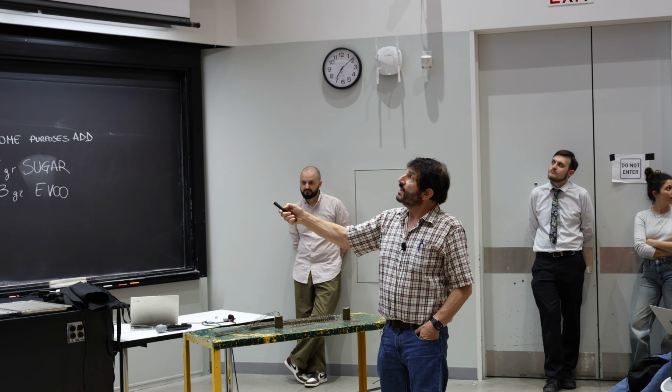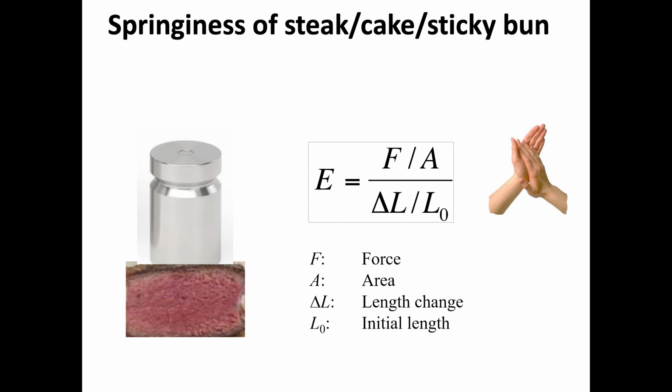Instead, we use this equation. This is really the same equation. Look, this is the force and this is the extension. But now we normalize the force by the area, and we normalize the extension by the relative extension. L naught is the initial size and A is the area.